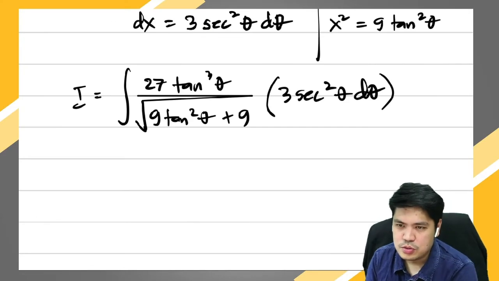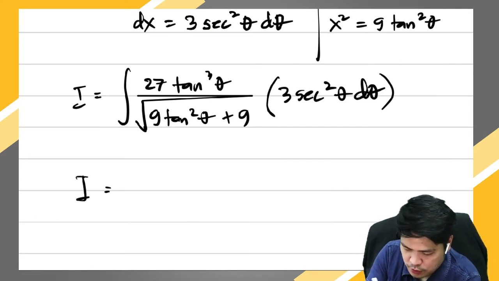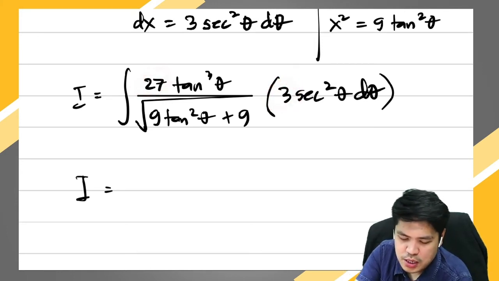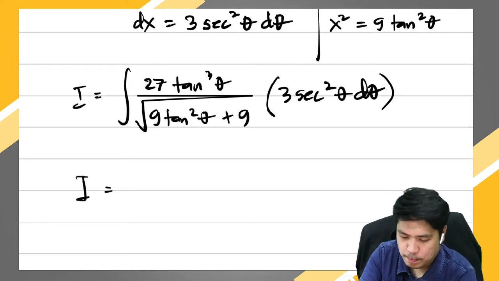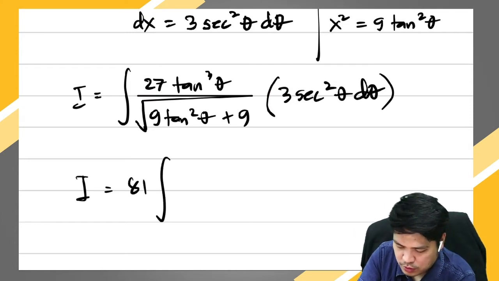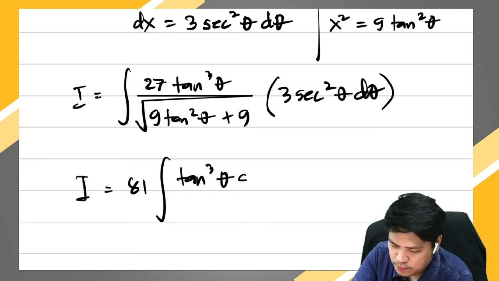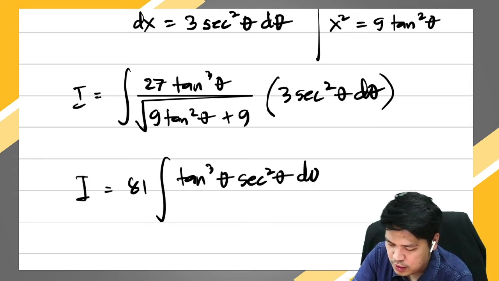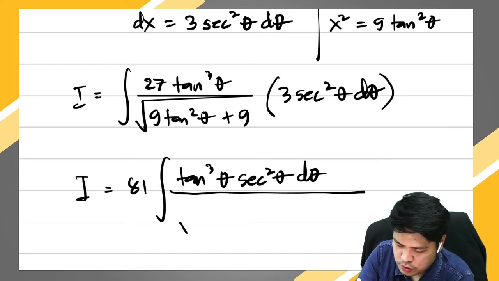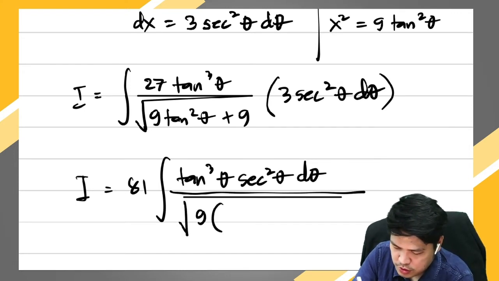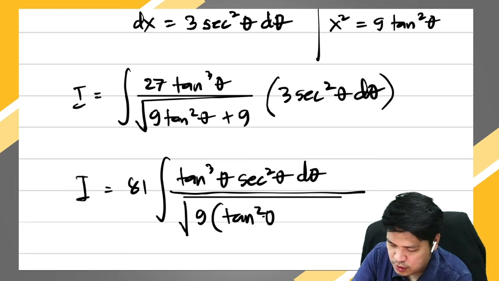And we just need to simplify. So therefore, I is equal to, I'll just factor out 27 times 3, that would be 81. So I'll take 81 out. So this becomes tangent cube theta secant squared theta d theta over the square root of, I'll factor out 9, so this becomes tangent squared theta plus 1.